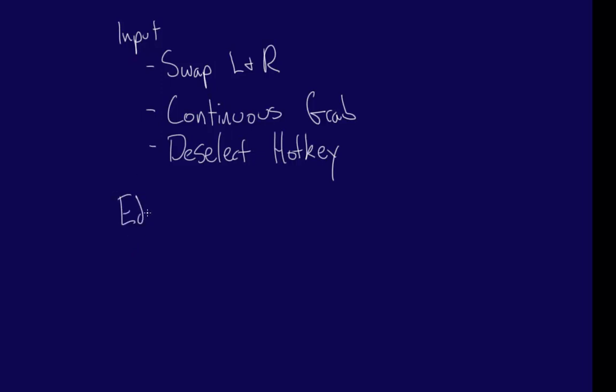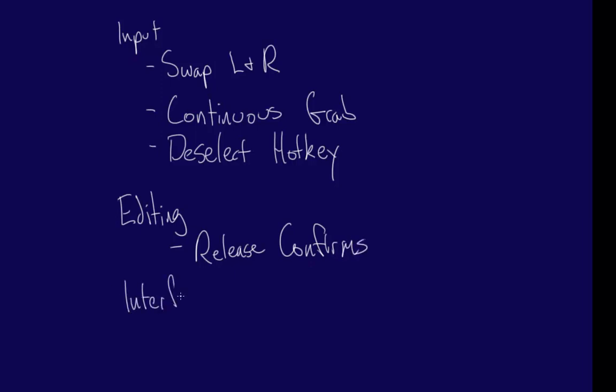Then under the editing panel, we took on release confirms. And then finally, under interface, we did auto perspective, and we did zoom to mouse position, which I'm going to say zoom, arrow, mouse. All right, so now all of our settings are all set up.